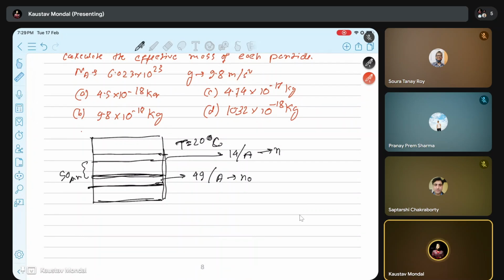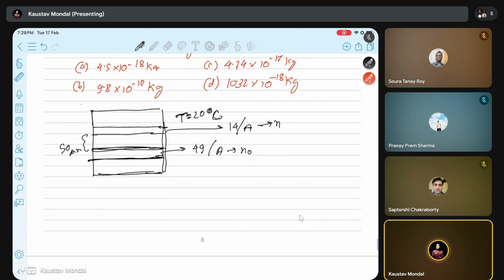So this is simple, right? We can just use the law of particle density in the sedimentation problem we discussed. The particle concentration is different at different heights of the container, and that density is given by the expression we derived: n equals n naught into e to the power minus mgz by RT.